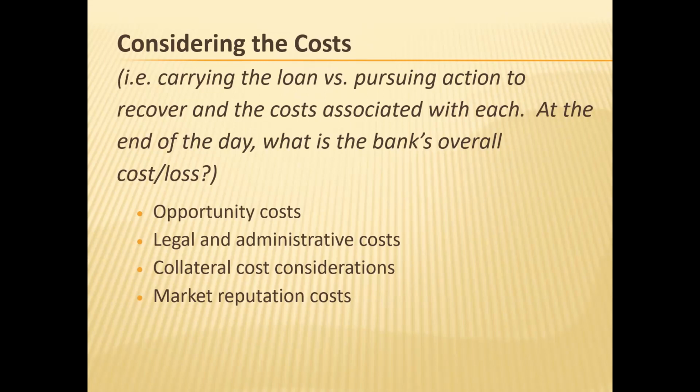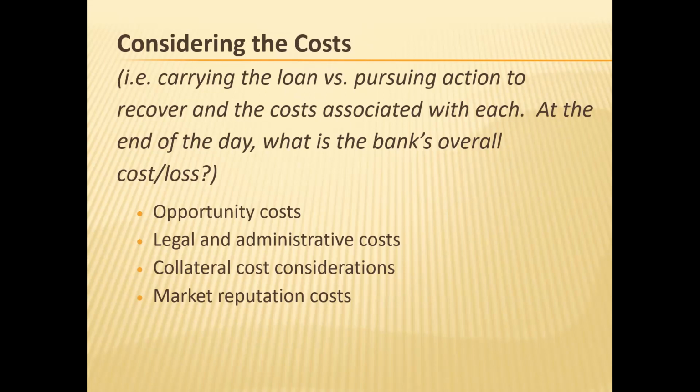So again, there are those considerations that you have to look at in making a decision. Okay, so opportunity costs, legal and administrative costs, collateral costs, and market reputation costs.